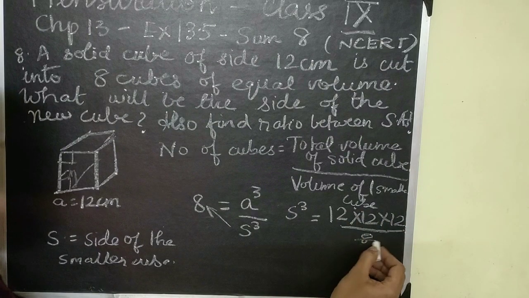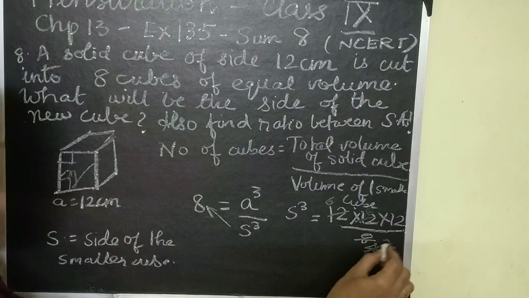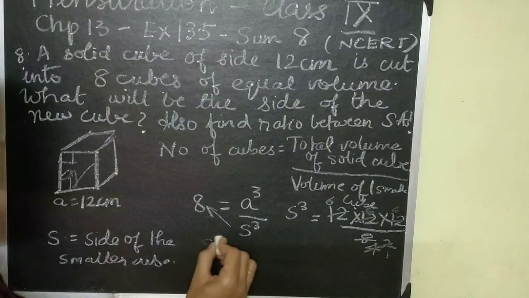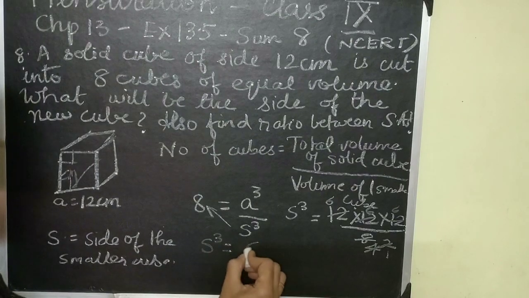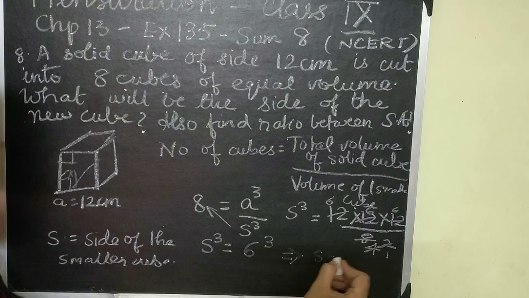So 8, 4, 2 4s are 8, 2 6s are 12, again 2 2s are 4, 2 6s are 12, again 2 1s are 2, 6. So now the S cube is equal to 6 cube, which implies S is equal to 6 centimeter.